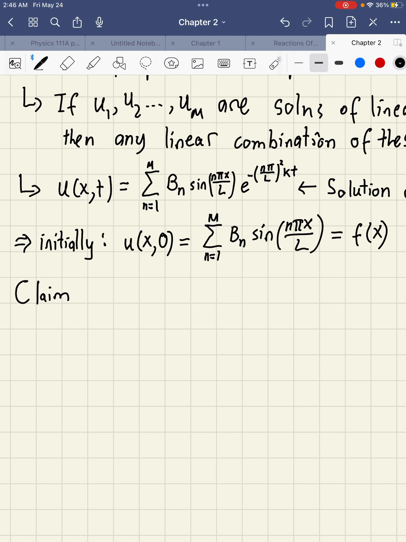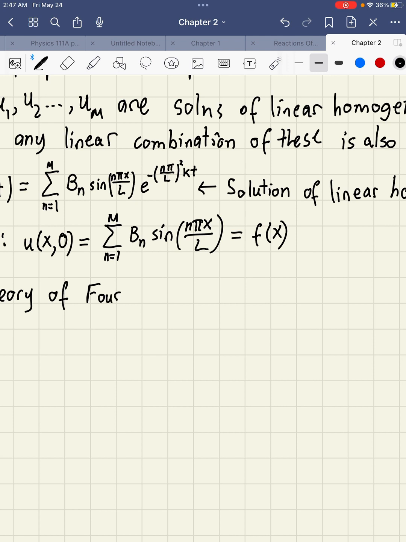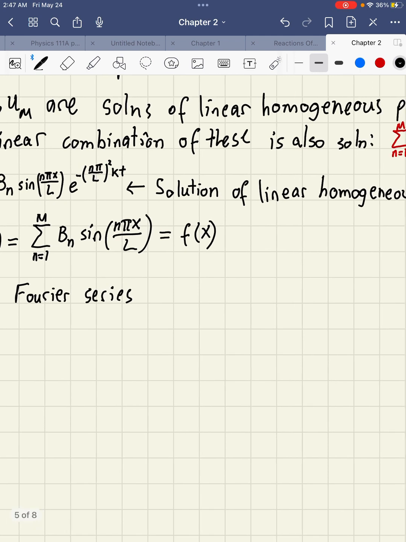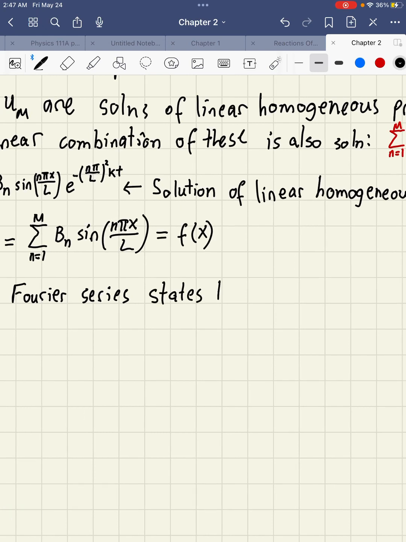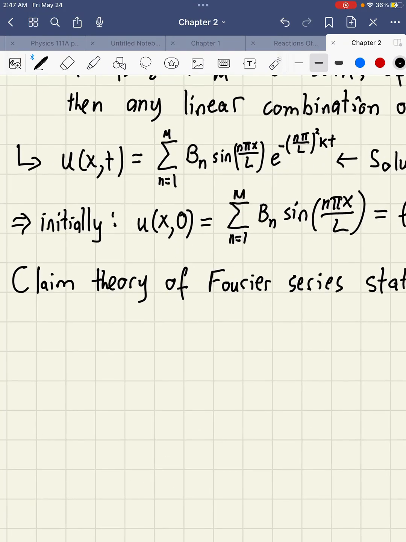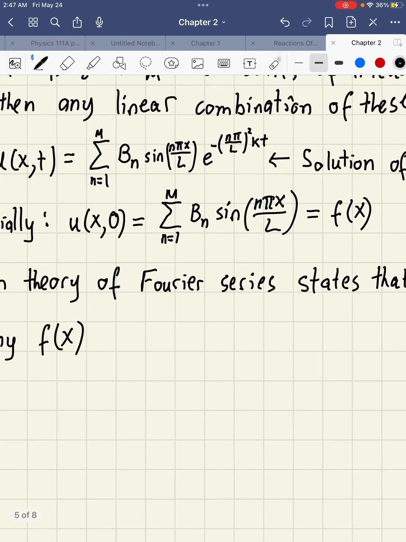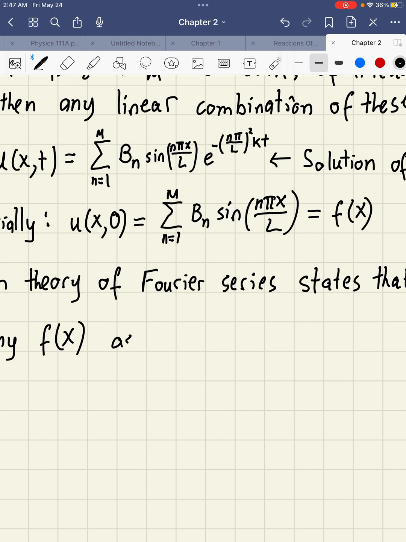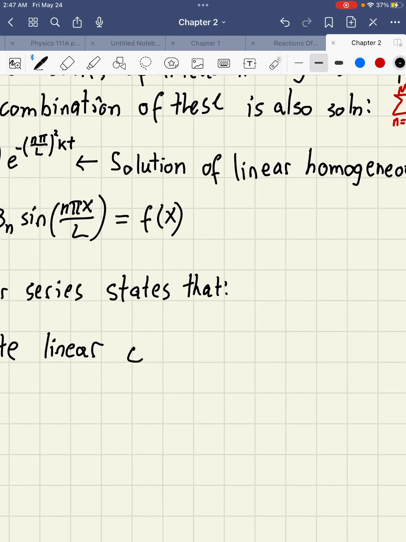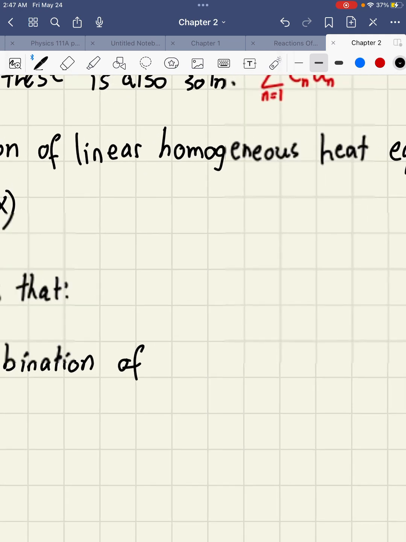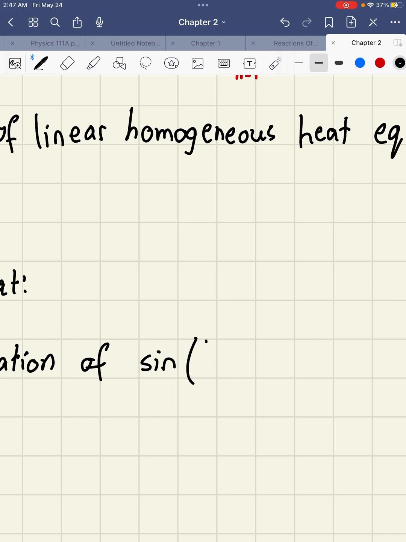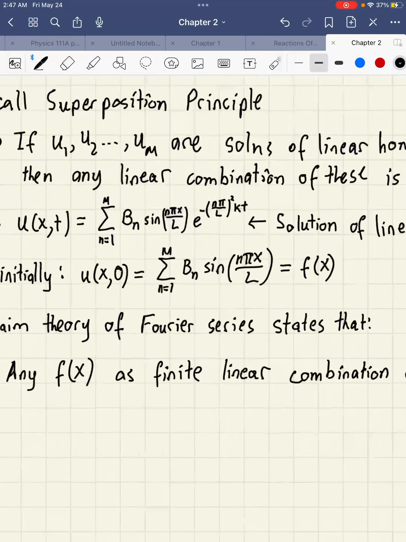The claim of the theory of Fourier series states that, number one, any function f of x can be represented as a finite linear combination of, in this case, sine n pi x over L. So far this is what we have here.